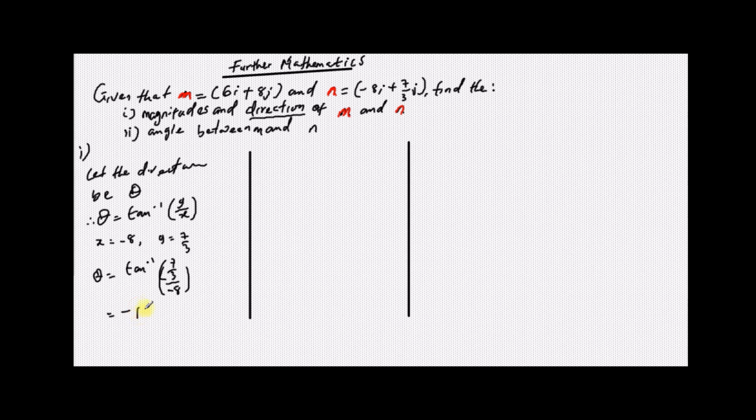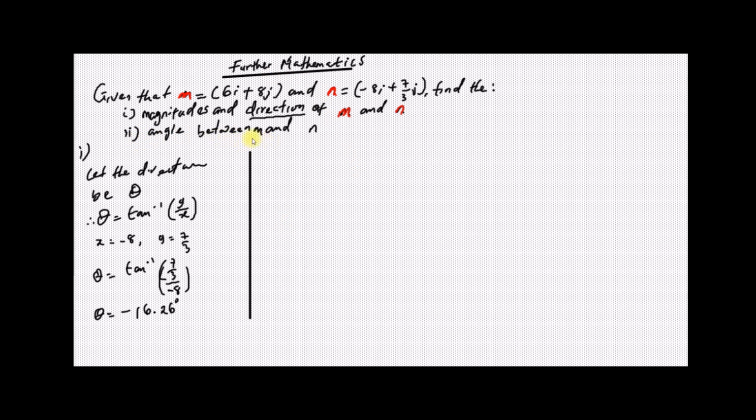So theta equals minus 16.26, which means the direction for the vector n is minus 16.26 degrees.